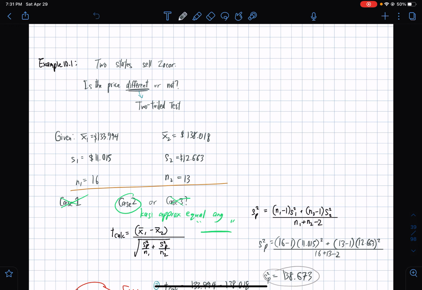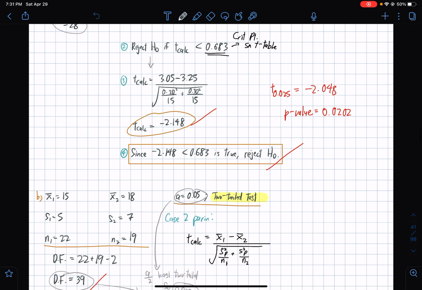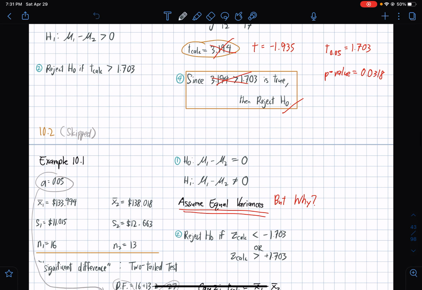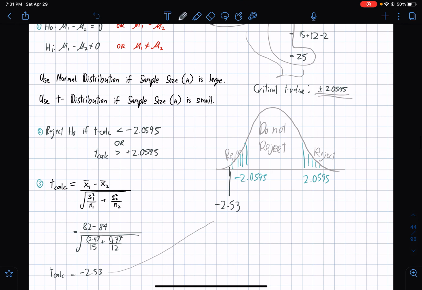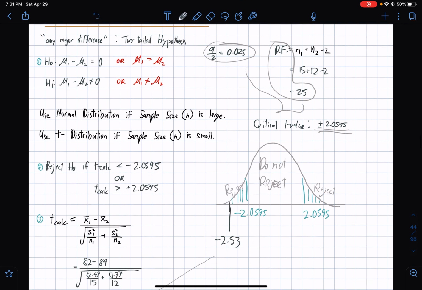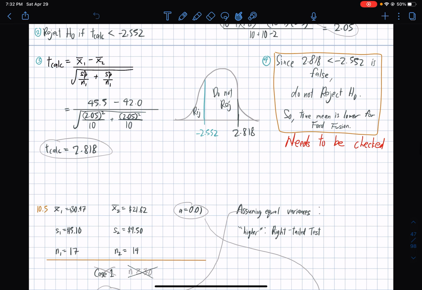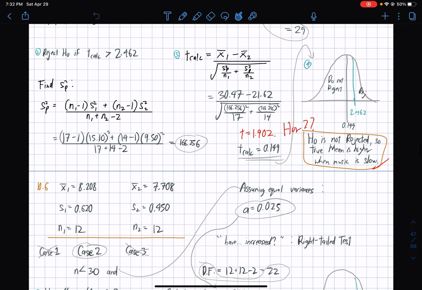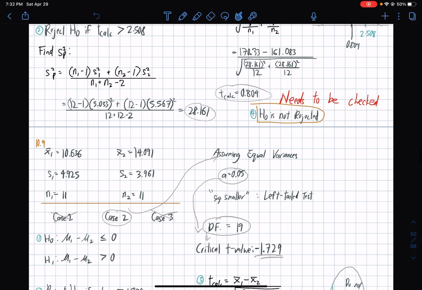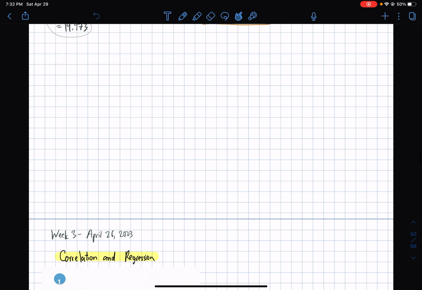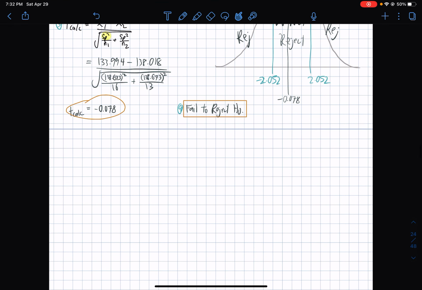Example 10.1, 10.3, 10.1 again, and then 10.2. Okay, this is from the organic chemistry tutor. I support his channel. 10.3, 10.4, 10.5, 10.6, 7. I can't believe I have answered everything before. But I cannot assure you that all of those are correct.